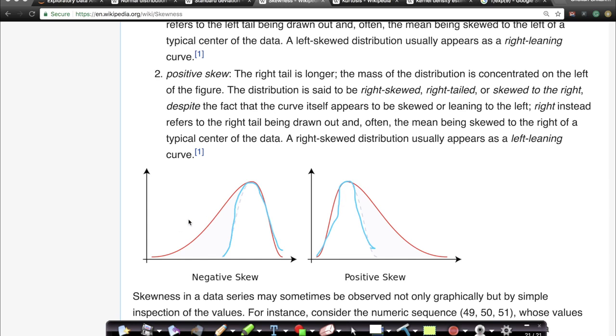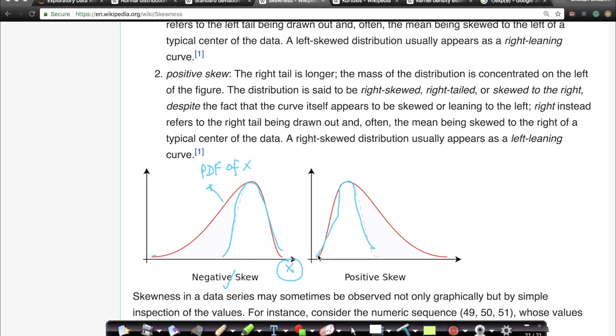But on the left side, the negative side, you have a long tail. This red line is the distribution. If this is your random variable x and the red line is your PDF of x, then we say that x has a negative skew.